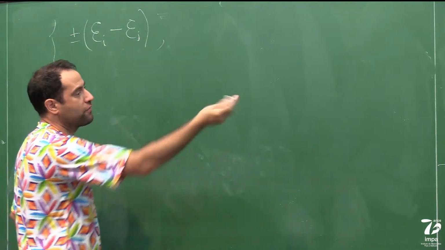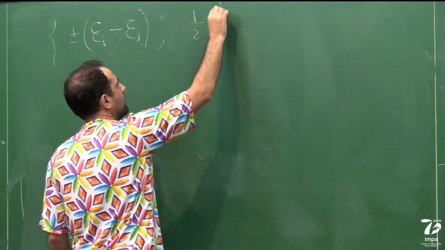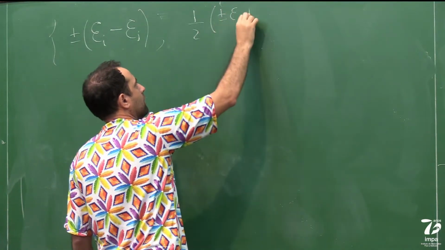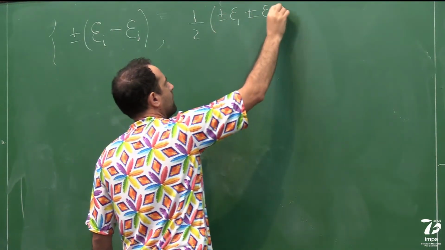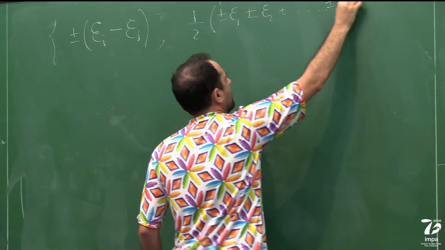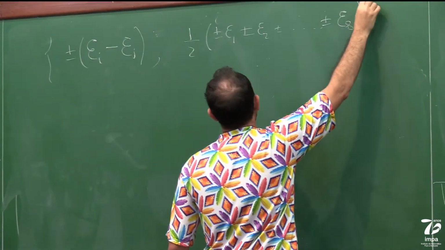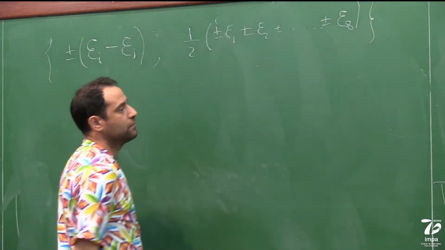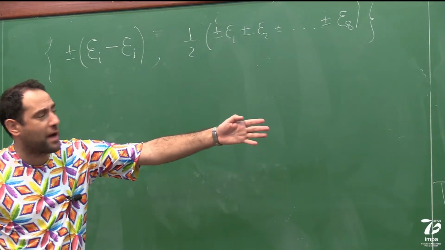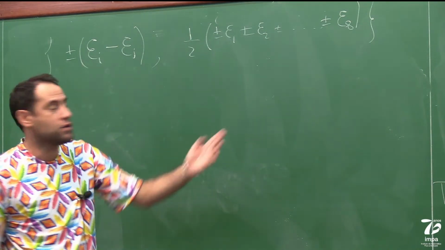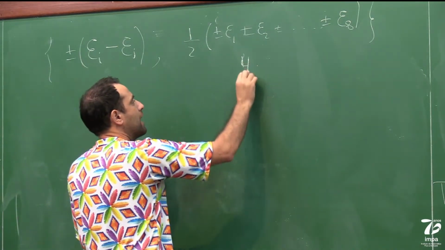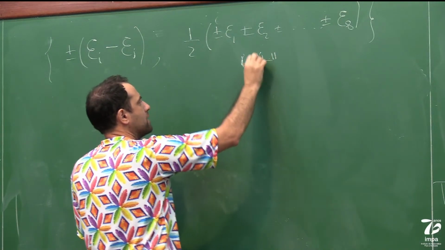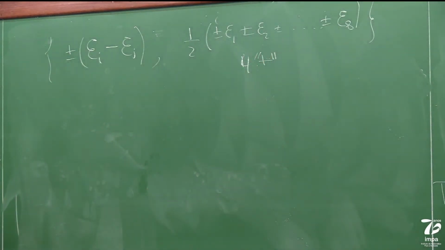And of the other ones, well, in order to be perpendicular, the only thing that matters here is the number of plus signs. So you need to have 4 pluses or 4 minuses, because the only thing that you count is the number of signs. And that's the root system for E7.